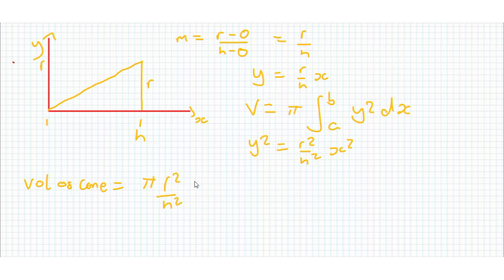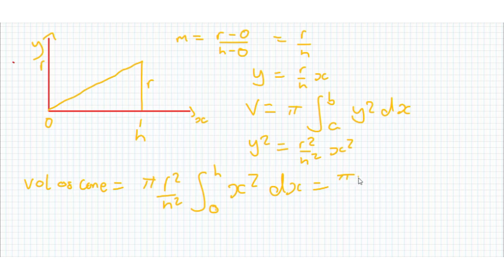We can take that out because it has no x dependence, and our limits are h and 0, of x squared dx. I've drawn this a little bit confusingly to show the distance.